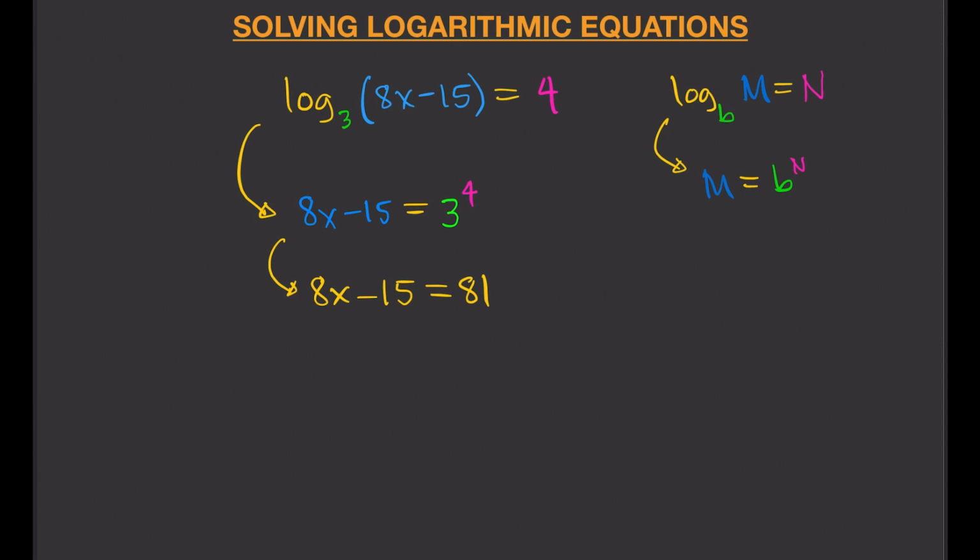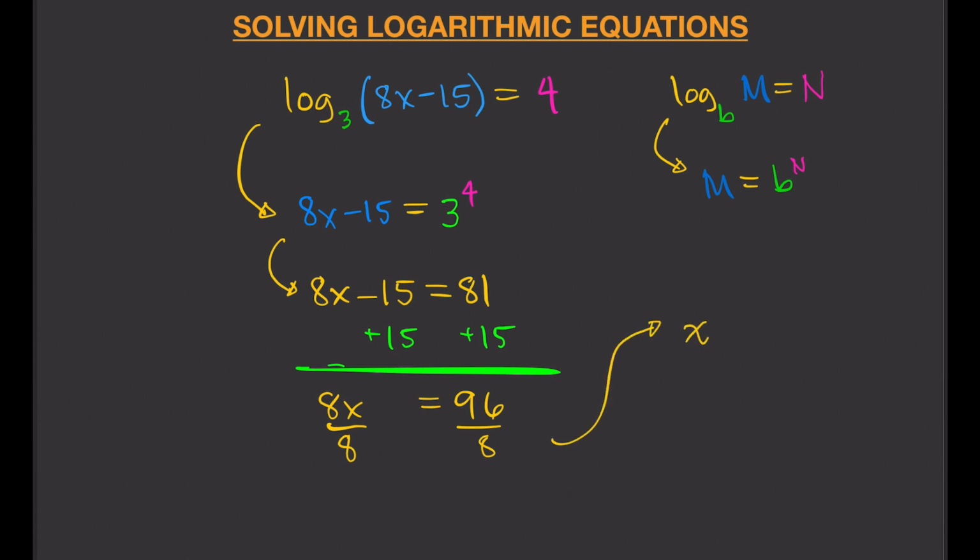Then adding 15 both sides will give us 8x equals 96. And then dividing both sides by 8 will give us x equals 12.